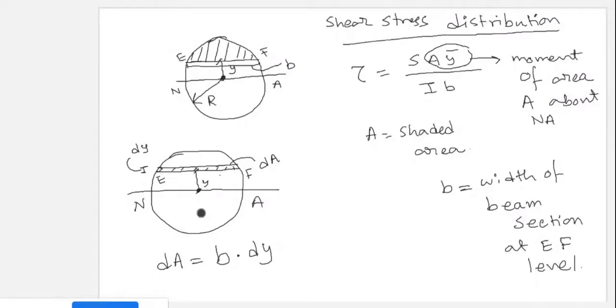So our motto will be to replace the value of B in terms of R and Y, because R is given to us and Y we have assumed. So our motto is to find the replacement of B in terms of R and Y. How can we do that?